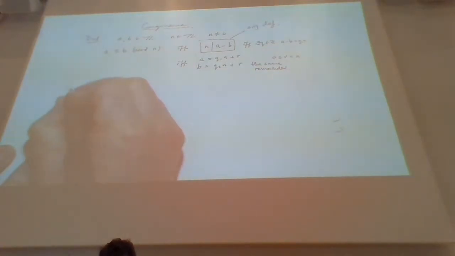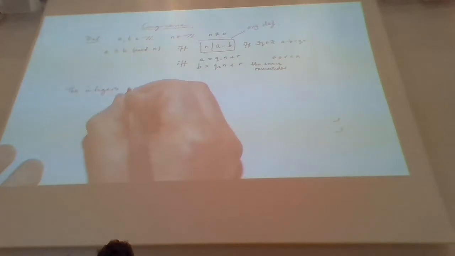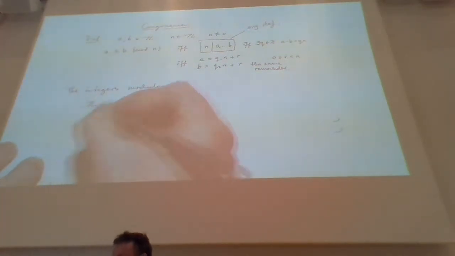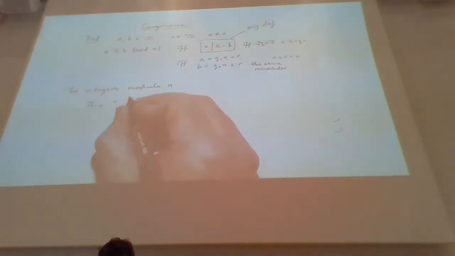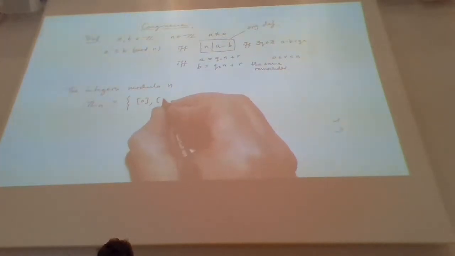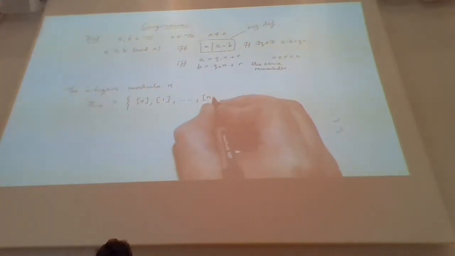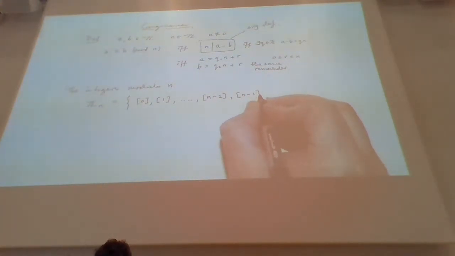Okay. And then we have the system of integers modulo n, which is kind of the integers, except it's not an infinite set anymore. We put a subscript n to the bottom of it, and this is the set of congruence classes modulo n. So there are n congruence classes modulo n.